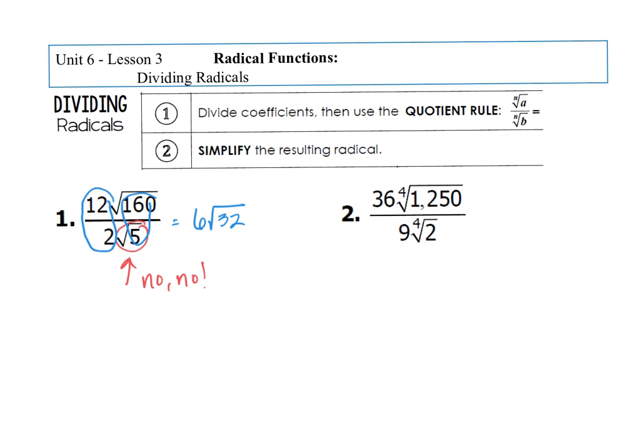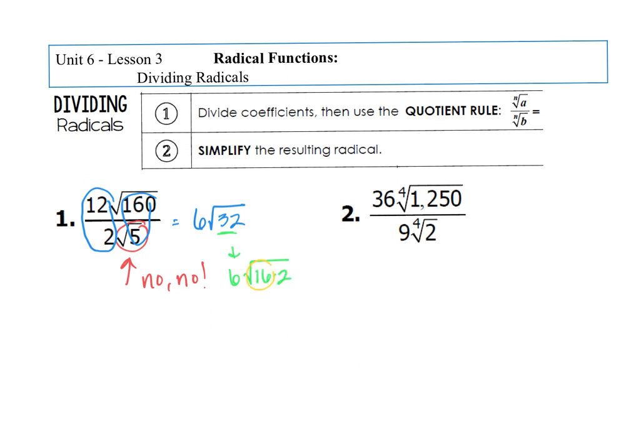So now we want to simplify this, and this is what we've been working on the last couple lessons. How do we simplify this radical? Because it's a square root, I would use my perfect squares. Remember, our process is take half of the radicand. Half of 32 is 16, and 16 is a perfect square. So we can think of this as 6 on the outside, but 32 is the same thing as 16 times 2.